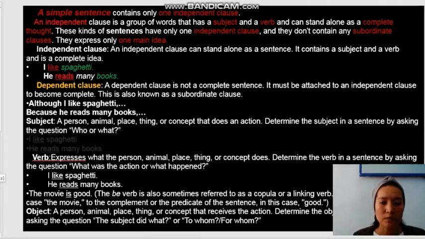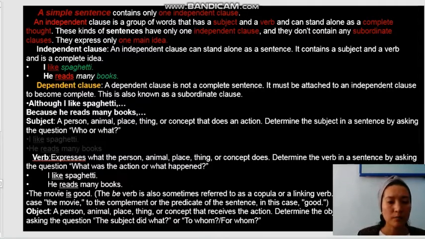So let's talk about the dependent clause. A dependent clause is not a complete sentence. It must be attached to an independent clause to become complete. This is also known as a subordinate clause.